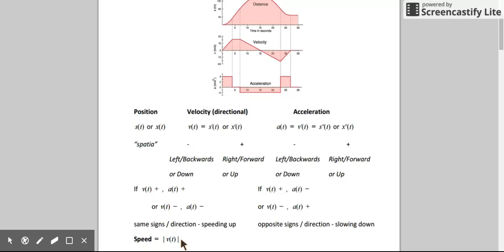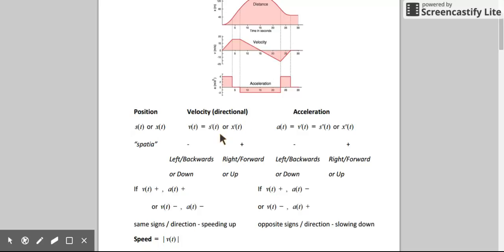We can't have a negative speed, but I can have a negative velocity representing a direction. If it's a positive velocity, that would mean that it's traveling to the right or forward or upward from its initial position. So the sign of velocity is describing the direction at which it's traveling, and the absolute value of velocity is describing the speed at which it's traveling.